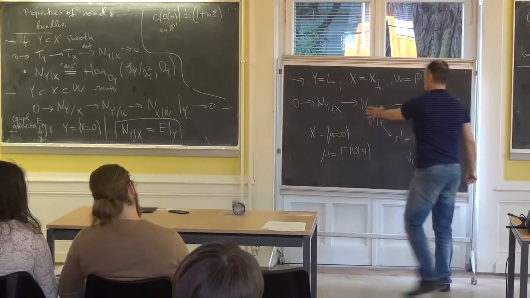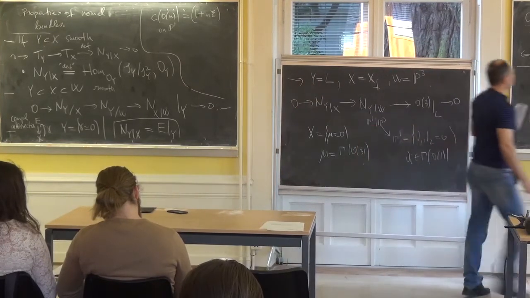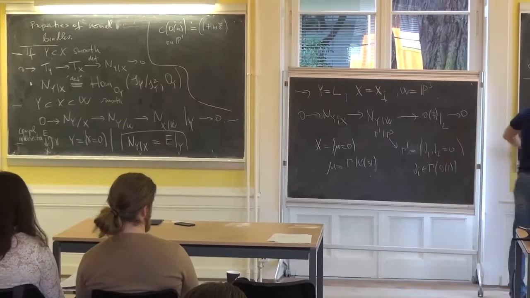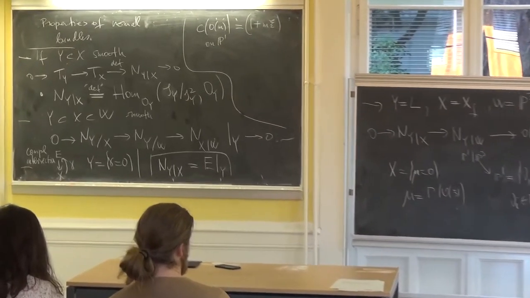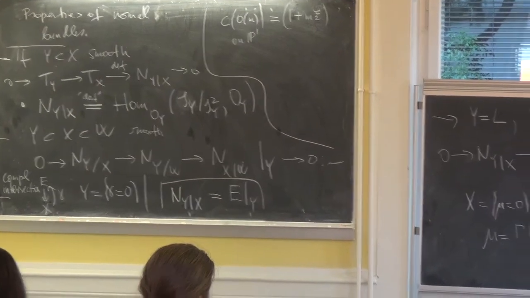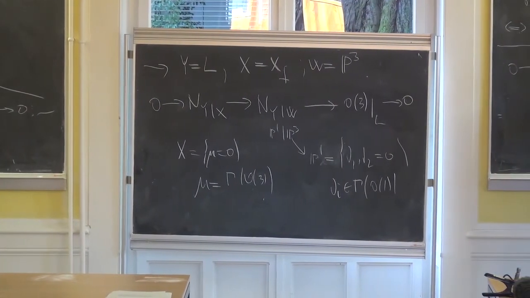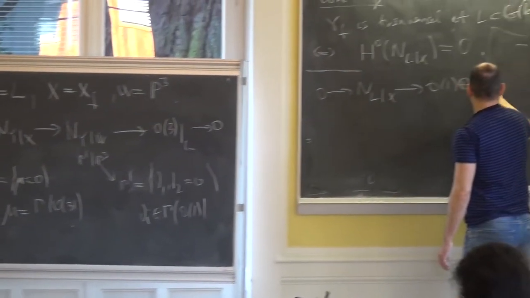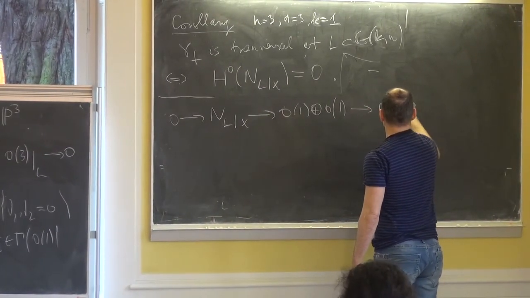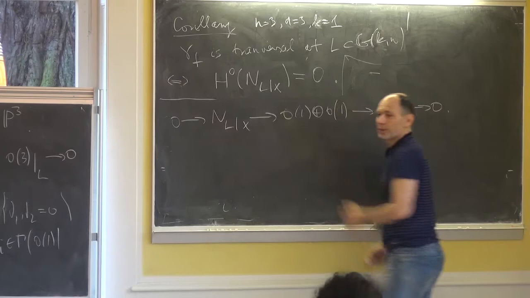So this is just O1 plus O1. So finally, the calculation looks like this. So this is just O1 plus O1, so we arrive at this thing. So it's a rank 2 bundle, 2 line bundles, and this is the extension.